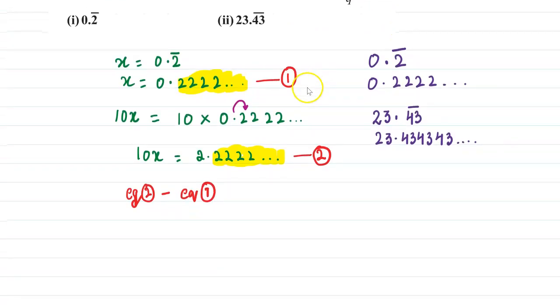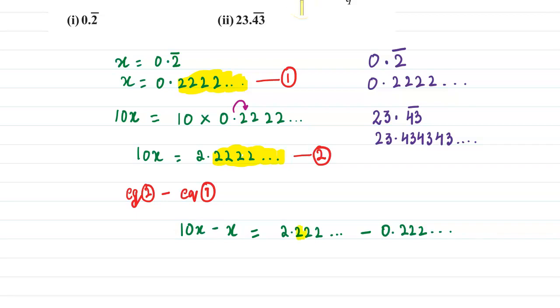So what are we going to get? We'll get 10x minus x equals 2.222 minus 0.222. And now see, the decimal part is the same for both these.